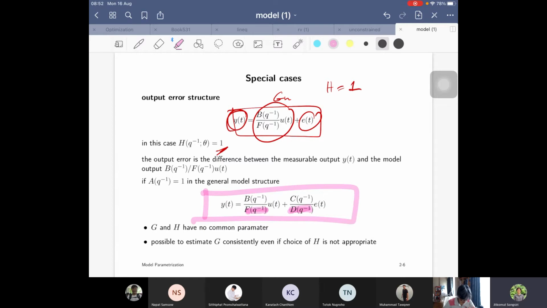I mean G and H, this represents G and H. These two don't have to have a common denominator F and D.